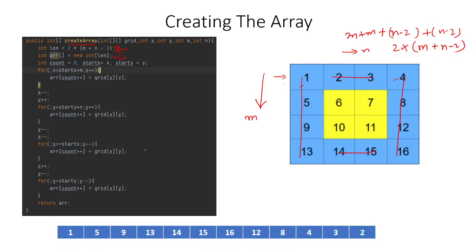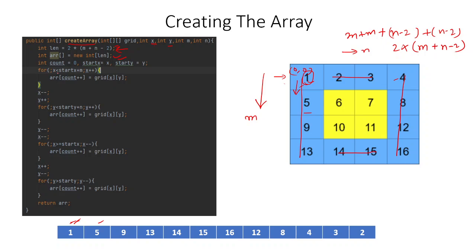We have created an empty array with this particular length, and now we have started. If you see, x and y are initially 0 comma 0. We have started from this position, and we are going in this direction and putting each value that we get inside this array. So we have put 1 here, 1, then 5, 5, and similarly we move up.